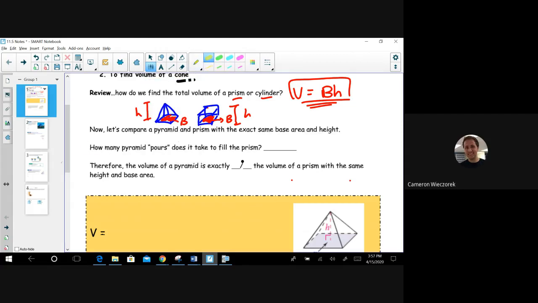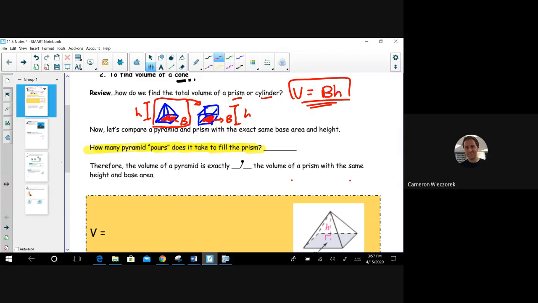Okay. So I'm just comparing those two shapes, and what I really want to answer is this question right here in the middle. How many times would I need to fill up that pyramid, let's say with water? If I was to fill up that pyramid with water, how many times would it take to pour the water from the pyramid in order to completely fill up that prism? How many times would you need to fill up this one so that it completely fills up the one on the right with water? Take about 10 seconds, make a prediction.